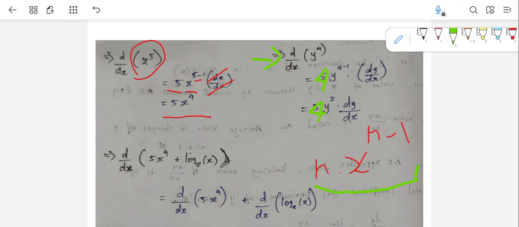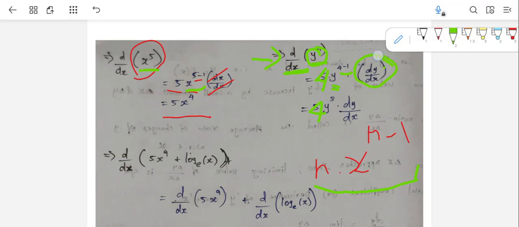So same formula, n into x power n minus 1. n is 4, so 4 into y power n minus 1, 4 minus 1, into differentiation of this base value y with respect to x, because here they are asking with respect to x only, right?